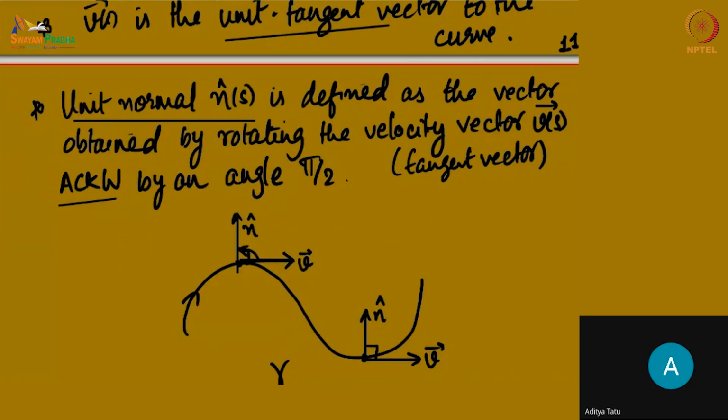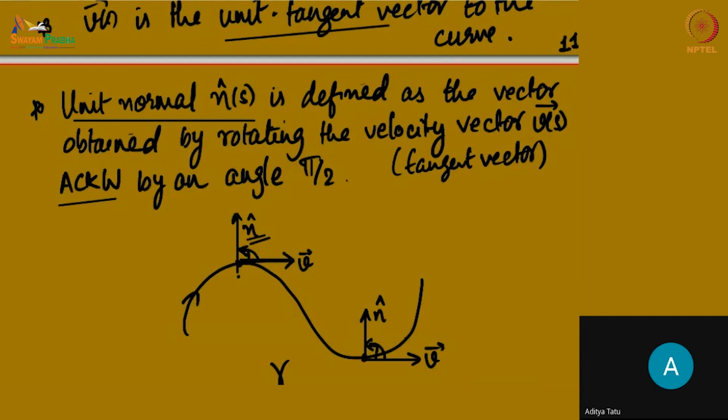So that will be your unit normal at this point. Similarly, at this point, if this is your tangent vector, rotate it in an anti-clockwise direction by an angle pi by 2, you get your unit normal vector. Okay?